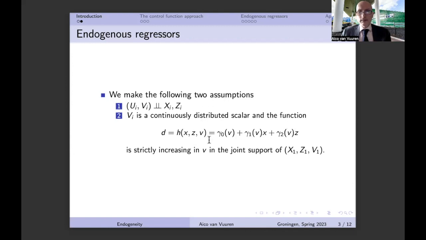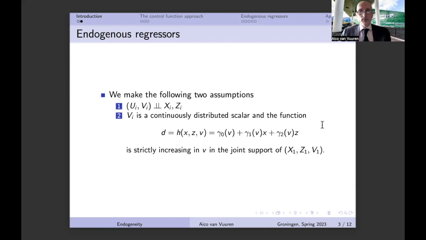For particular outcomes of x, z, and v, I'm going to assume that this function is strictly increasing in v. That means that whatever gamma 0, gamma 1, and gamma 2 are, at the moment that I increase v on this right-hand side, the whole right-hand side should increase.